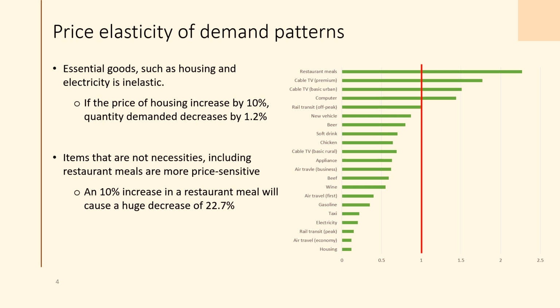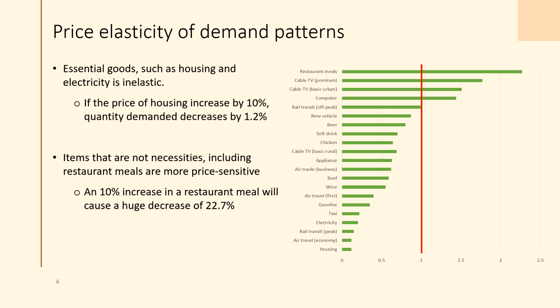Now let's look at real-world patterns. Essential goods such as housing and electricity tend to have inelastic demand. For example, if the price of housing increases by 10%, the quantity demanded might only decrease by about 1.2%. This small response indicates inelastic demand.